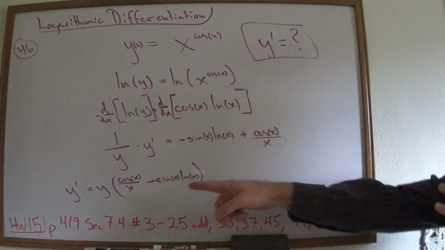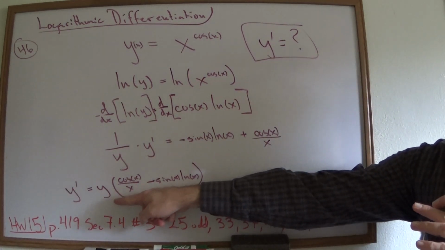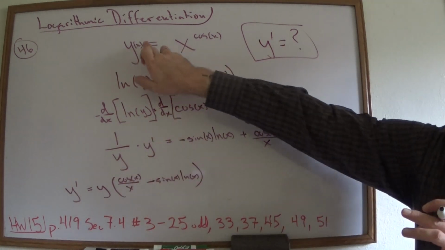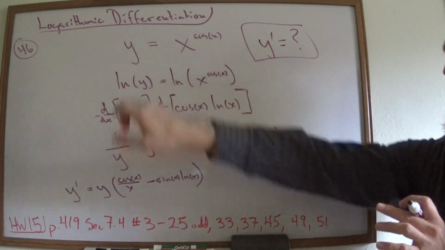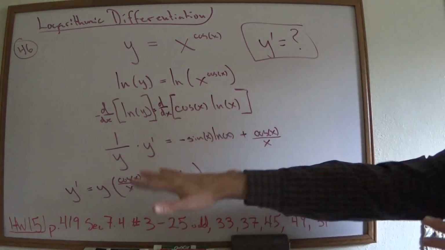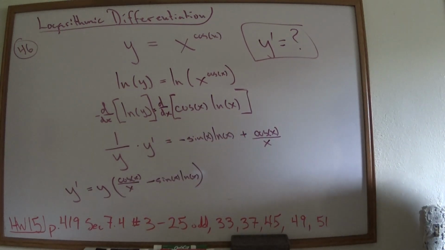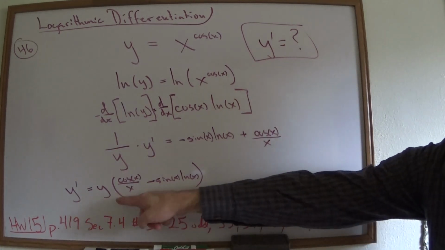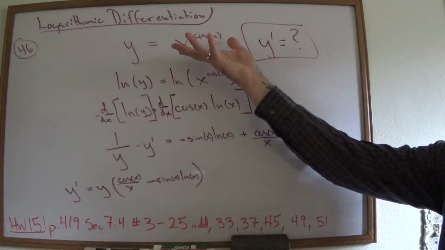But we know what y is explicitly, and since we know what it is, let's use it, because that's not as useful as you might think, especially if I ask what the derivative is at pi over 2. You're going to have to do this anyway.